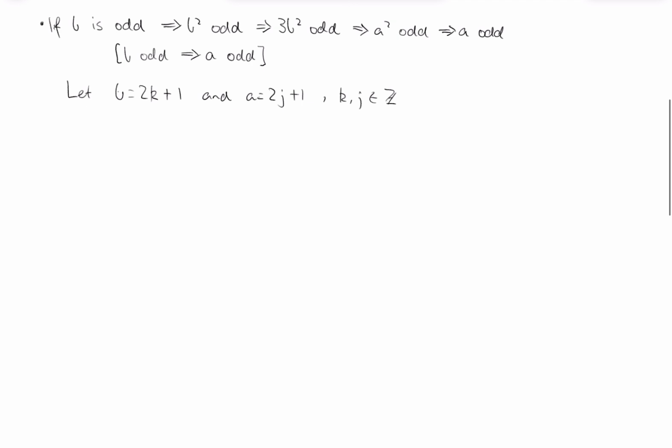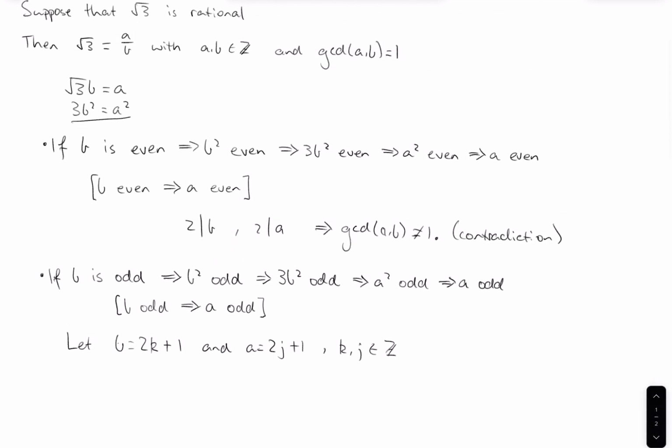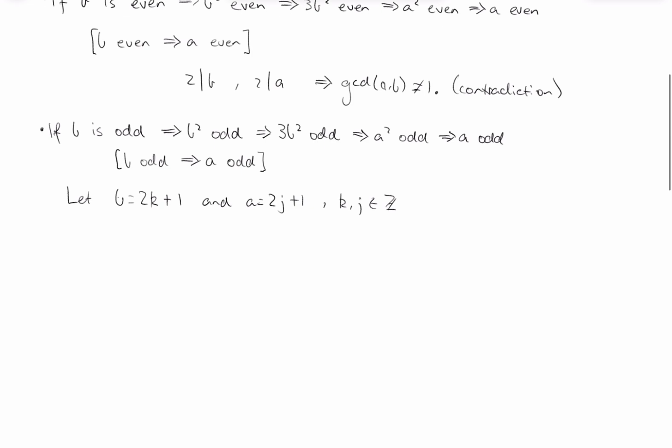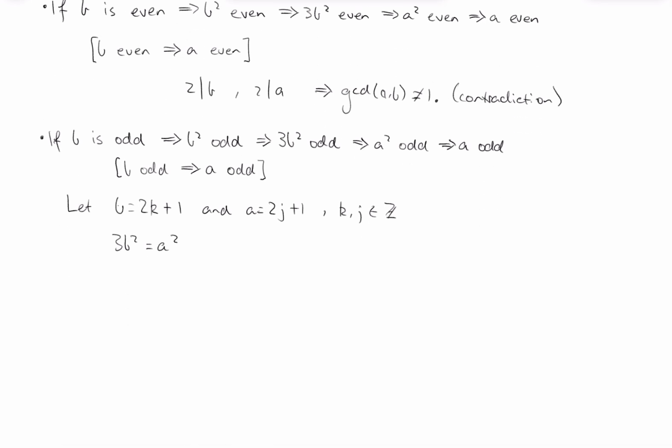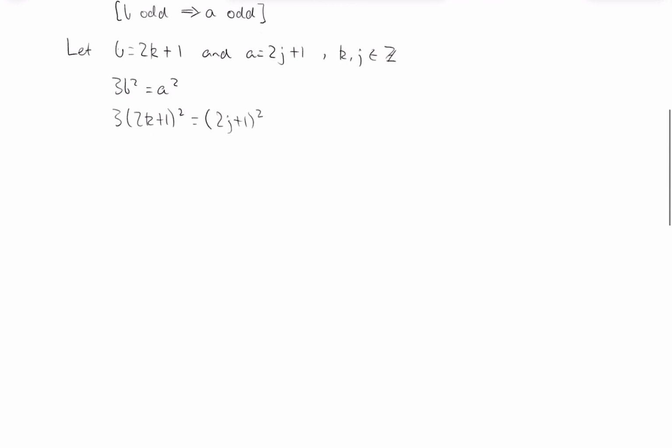So we can do this, and let's use these expressions that we've written down and substitute them back into this equation here. I'll just rewrite it: 3b squared equals a squared. So b is 2k plus 1, so we have 3 times (2k plus 1) squared equals a squared, which is (2j plus 1) squared. Let's expand this. I'll just do it in one step.